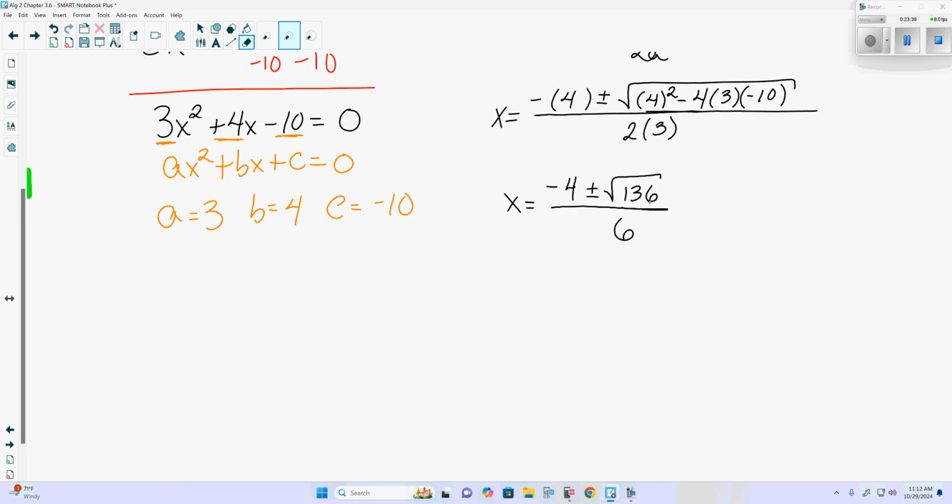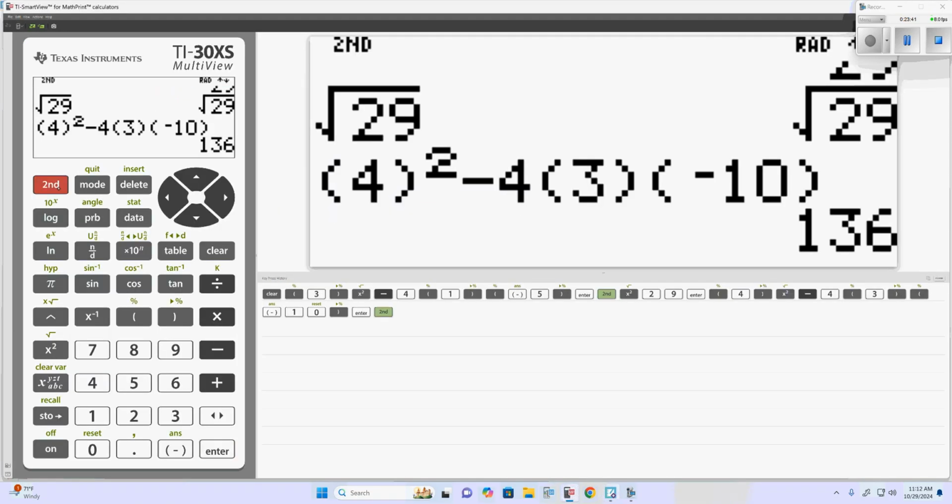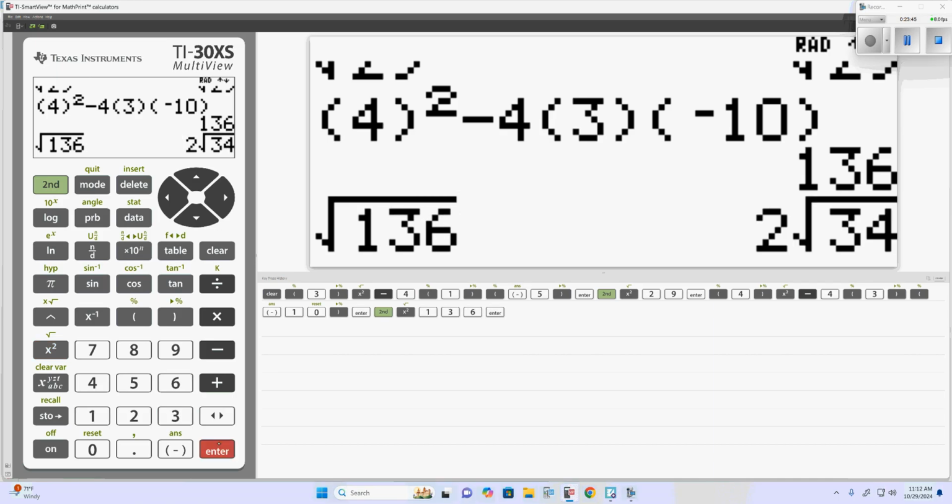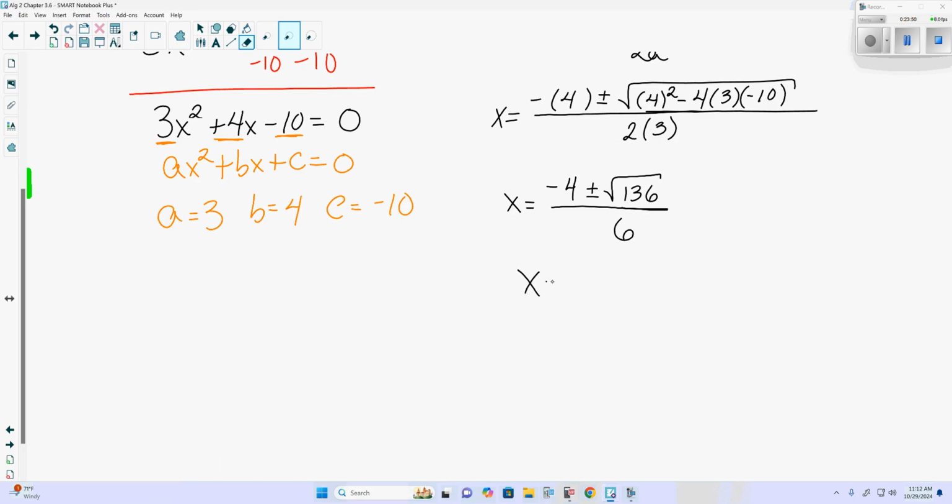Well, let's see if we can take the square root of 136, if it will reduce. Square root of 136 is 2 square root of 34.